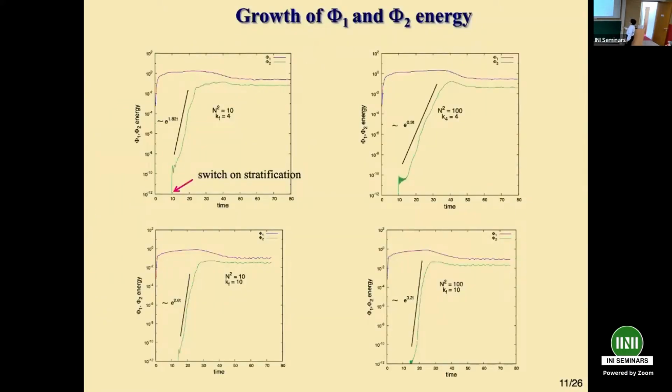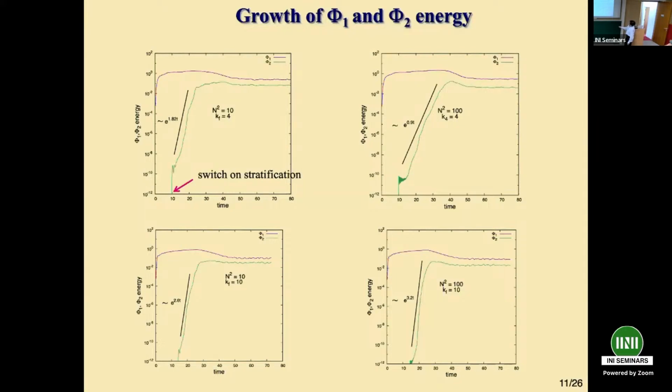So this is a summary of the calculation of the growth of phi1, the horizontal part, and phi2, the wavy part. First, we run just 2D flow to produce the 2D flow.